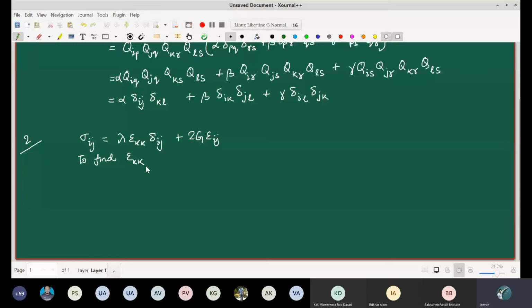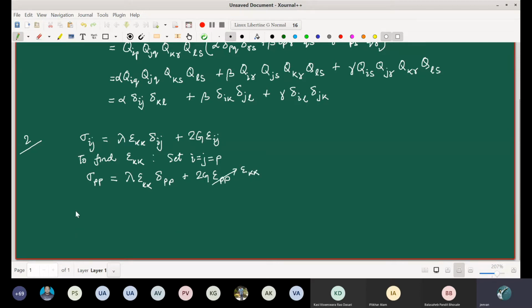To find this, we set i equal to j equal to p in the above relation. So what we obtain is sigma pp is equal to lambda epsilon kk, which remains as it is, but this is delta pp now, and then we have twice g epsilon pp. The good news here is that this epsilon kk is exactly the same thing as this epsilon pp, so we can in fact write this as epsilon kk.